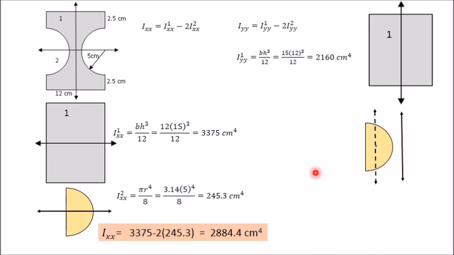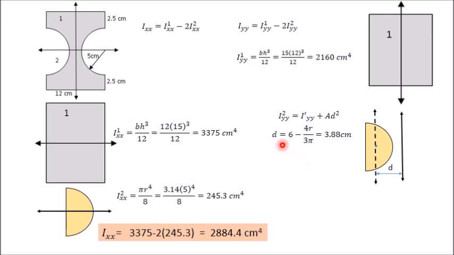So you can apply the parallel axis theorem. This is the distance between these two parallel axes. According to the parallel axis theorem, I2yy, that is moment of inertia of this area 2 with respect to this axis, is equal to moment of inertia of this semicircle with respect to this centroidal axis plus A into d square. A is area of this semicircle and d is the distance between these two parallel axes.